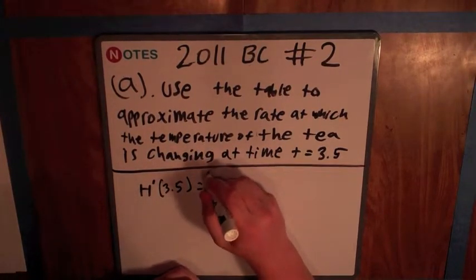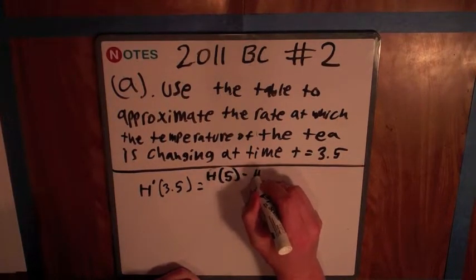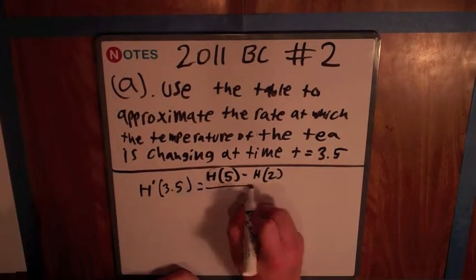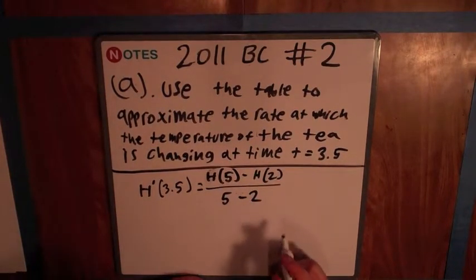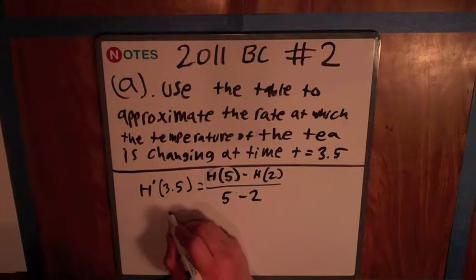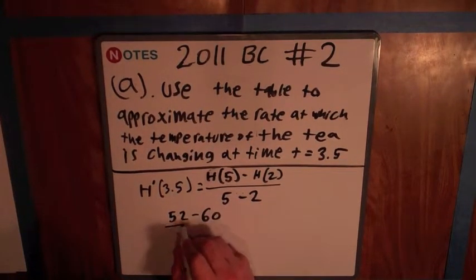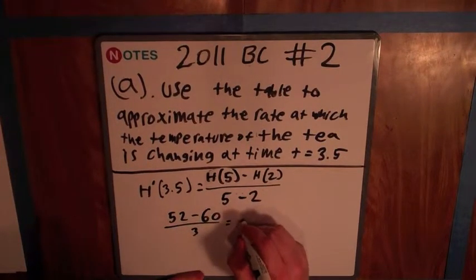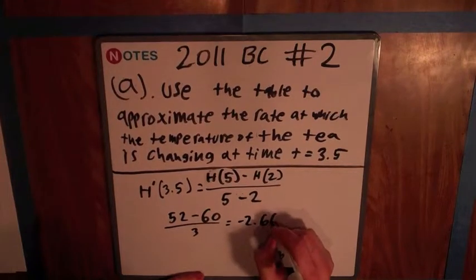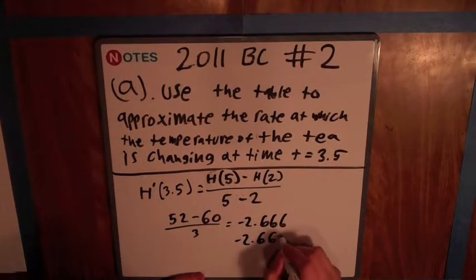h at 5 minus h at 2 all over 5 minus 2, which is 52 minus 60 all over 3, which then equals negative 2.666 or negative 2.667.